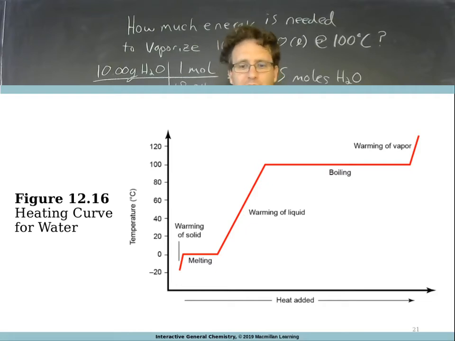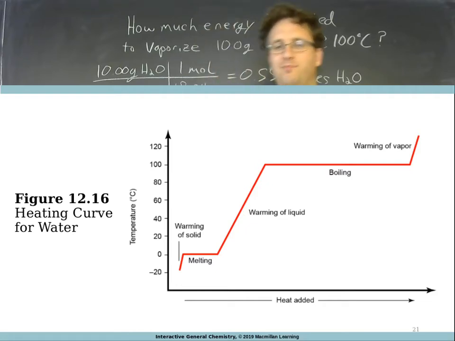But you'll notice on this curve there are a number of plateaus. So if we look here, starting at negative 20 degrees Celsius, if we add heat, then the temperature will increase, and that corresponds to super cold ice being warmed up to the melting point. 0 degrees Celsius is the melting point of water.